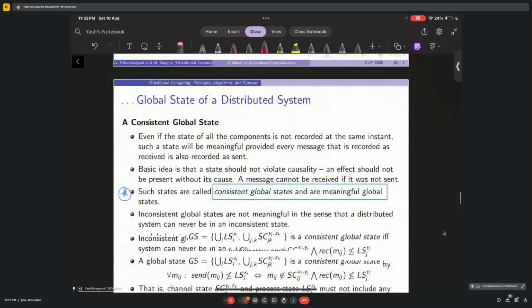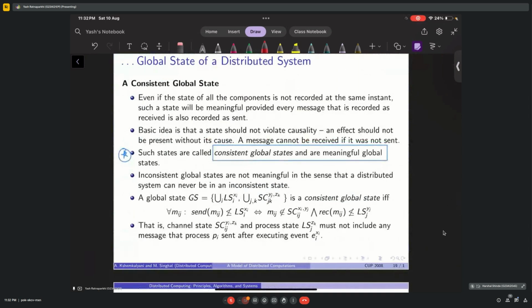Where I was, yes, here. The basic idea is that each state should not violate causality, and an effect should not be present without a cause. That's what we have been trying to understand for a long time: a message cannot be received if it was not sent. Agar message was not sent, how will it get received?